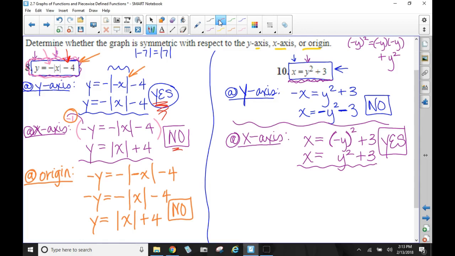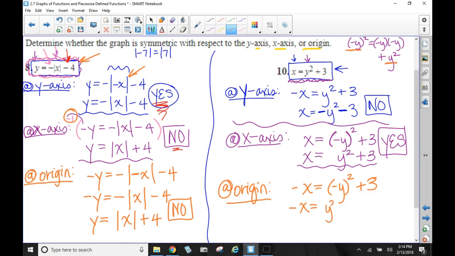Okay? Next, we're going to see if this thing is symmetric about the origin. This is where we replace both an x with a negative x and a y with a negative y. So this is negative x equals, now remember, negative y squared is the same thing as just y squared.